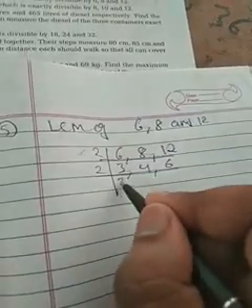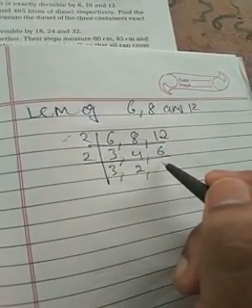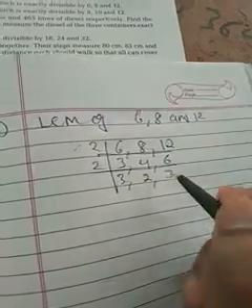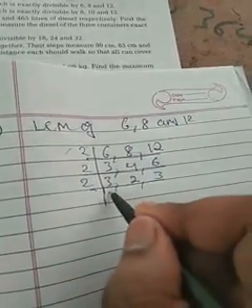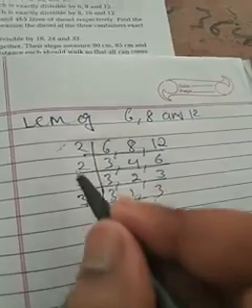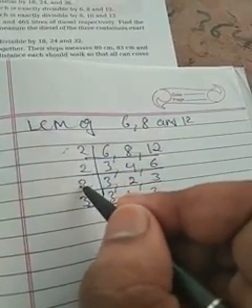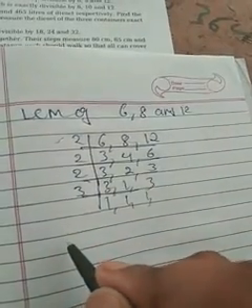Now again by 2: 3, 4, 6, then 3, 2, 3. Now again by 2, and again by 3. Now 2 2s are 4, 4 2s are 8, 8 3s are 24. So the LCM of 6, 8 and 12 is equal to 24.